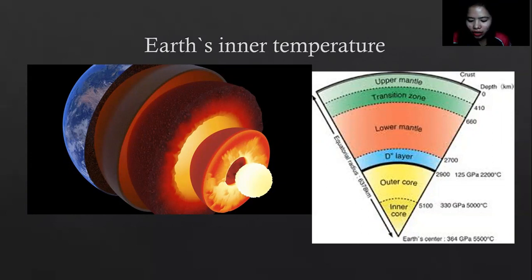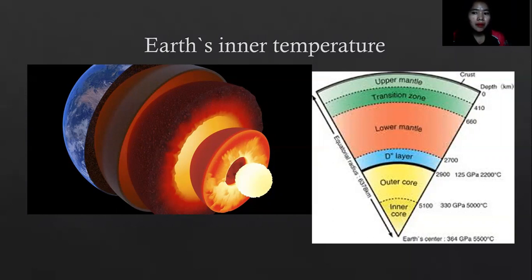In terms of thickness, the inner core is 2,400 kilometers in diameter, the outer core is 23,000 kilometers, the mantle is 2,900, and the crust is 6 to 70 kilometers. This means the mantle is the thickest in terms of thickness, at 2,900 kilometers. Next is the inner core with 2,400, then the outer core, and the last is the crust, which, as you saw earlier, is the thinnest part of the layers of the Earth.